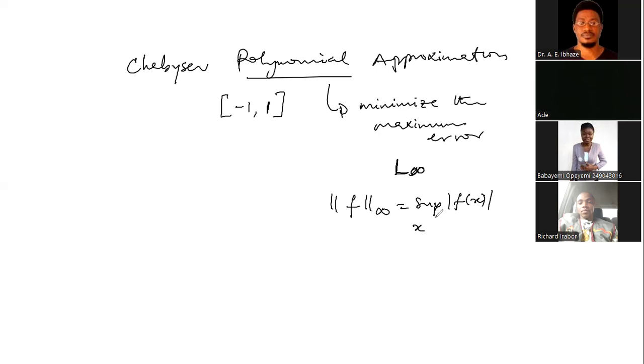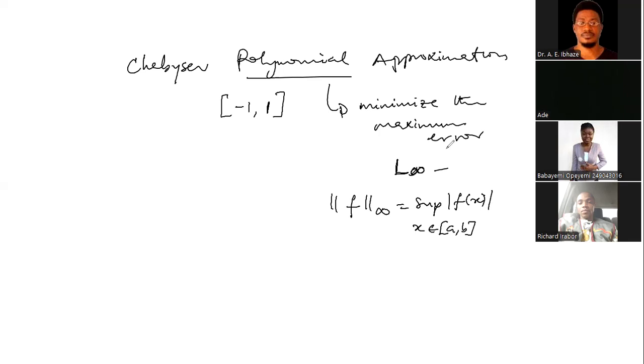And then this is usually integrated over a range of points. Okay. But the idea about the Chebyshev polynomial is to minimize the maximum error, and that is what the maximum norm does. Okay.